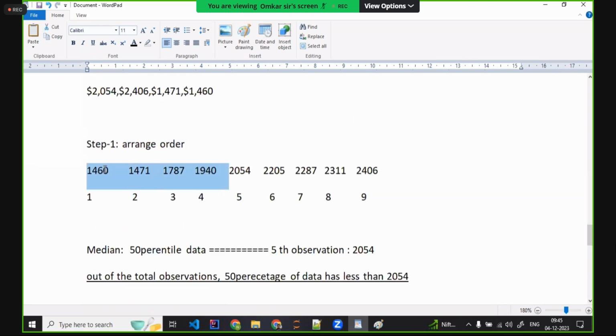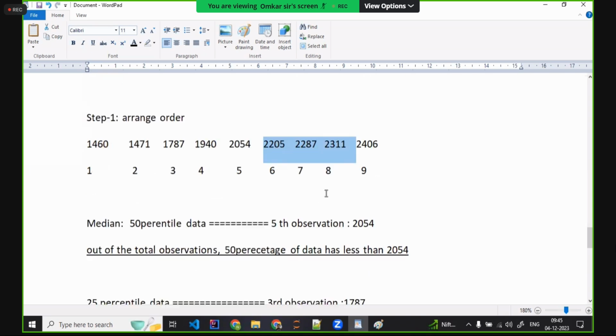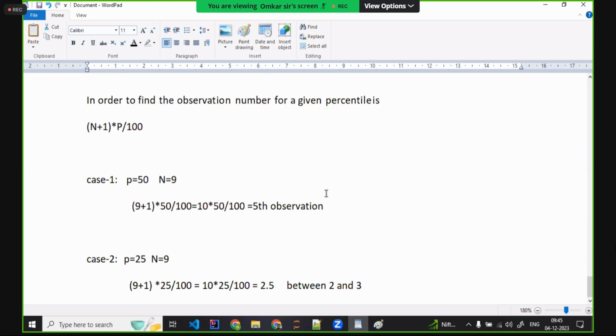Because this is the 25 percentile data, it is less than 2054, so the value is between 1471 and 1787. Similarly, between the 7th and 8th values you will get the 75 percentile. So n plus 1 into p by 100 is the formula.